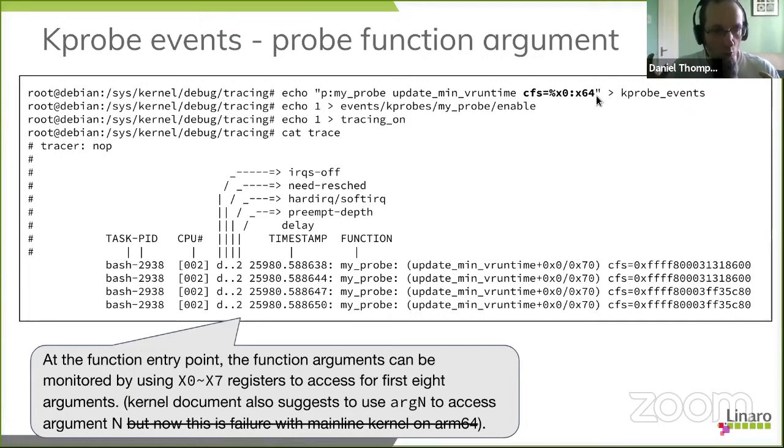Now, what I will mention is if you're on a mainline kernel, you don't have to remember the ABI. You can use $arg1 and get the first argument. Just like you have $retval, you can have $arg1. That was upstreamed relatively recently. I can't remember the version number, but certainly if you're on a 4 series kernel, you won't have that.